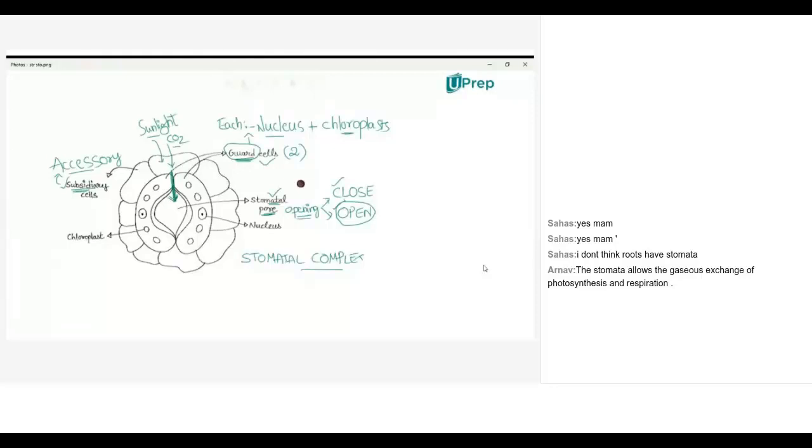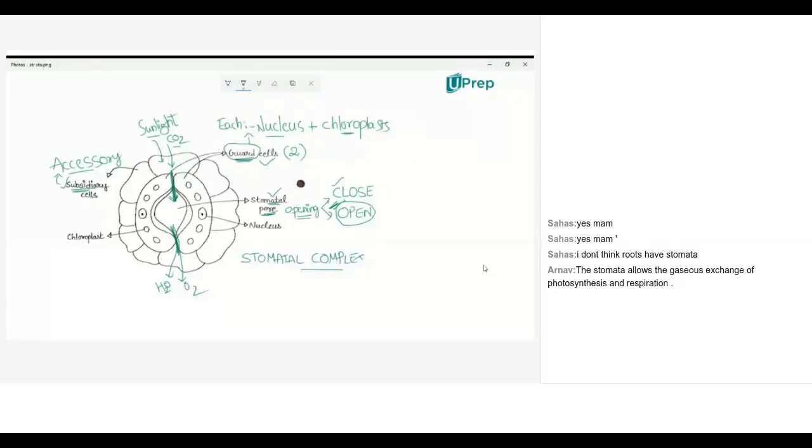Okay. After that, the produced food material or the gas has to come out. Oxygen or water has to come out. So in order for things to come out of the cell, again the stomatal pore has to open, which will be driven by the guard cells.